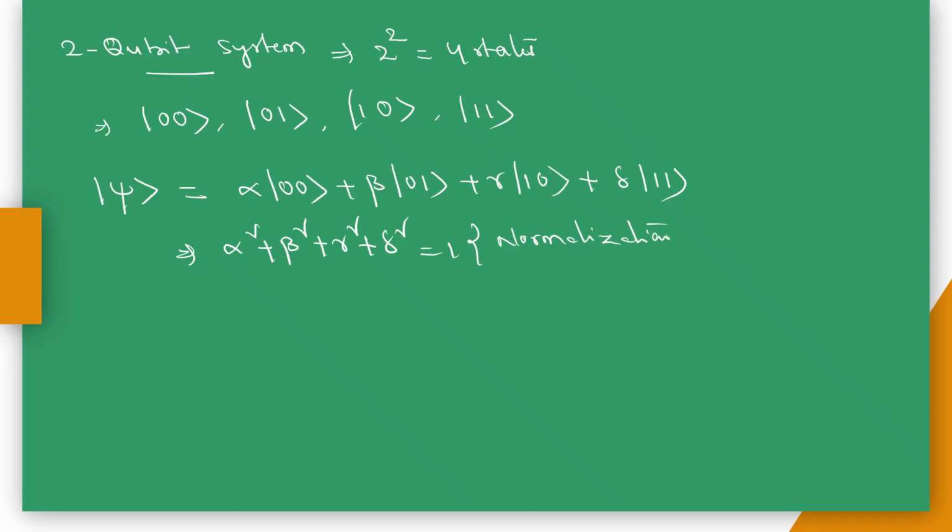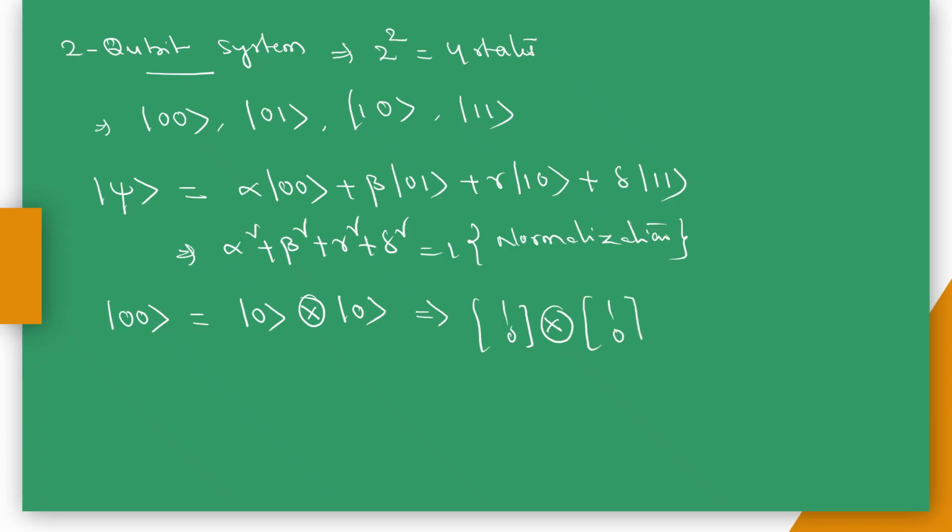We also discussed how to represent state 00 in a mathematical way. This is a tensor product. If you want the representation of the 00 state of a 2-qubit system, we take the tensor product of 0, which is (1, 0), with the other qubit state, again (1, 0).